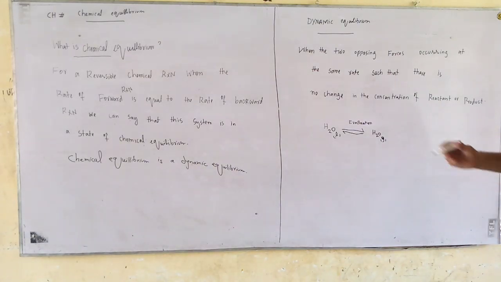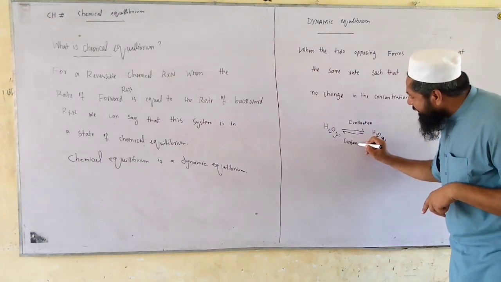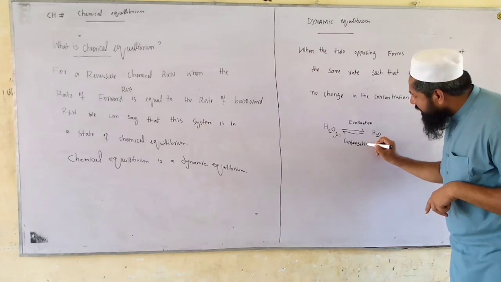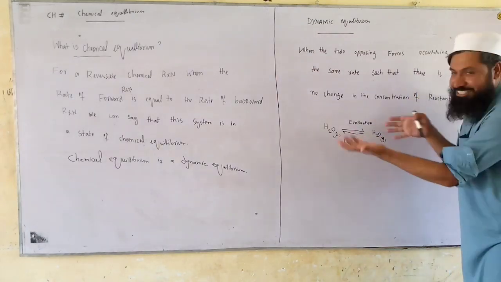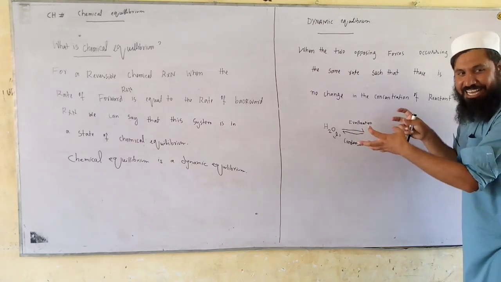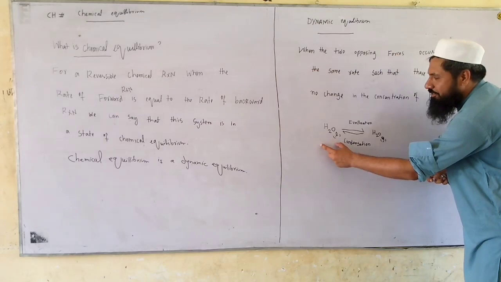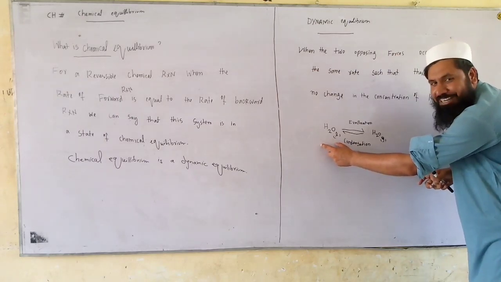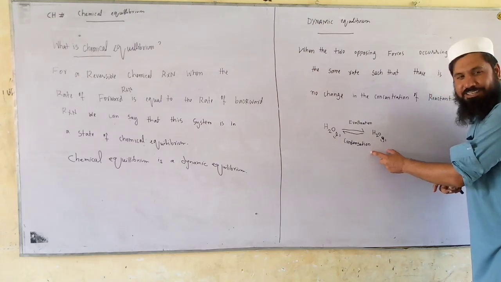So what we call that process? That process is called condensation. When these two reverse processes are occurring at the same rate and there is no change in the concentration of the liquid and there is no change in the concentration of this gaseous vapor.